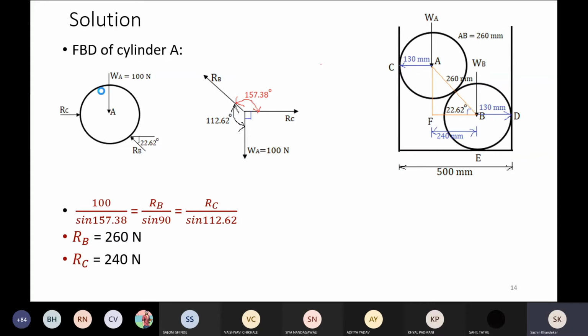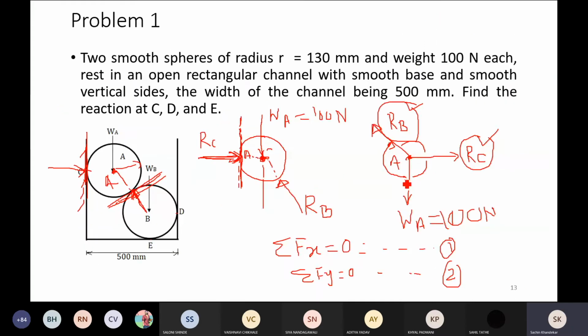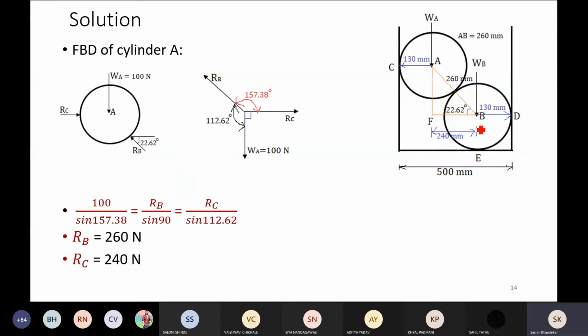In this particular slide number 13, I have explained how to draw the free body diagram of cylinder A. Correct. So here this RB is directed along line AB. Please note that I have already explained this. So this is the line of action of RB, where RB is the reaction offered by B onto the cylinder A. So this is the free body diagram of cylinder A, which I already explained.